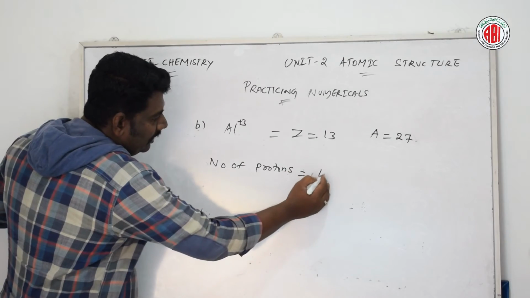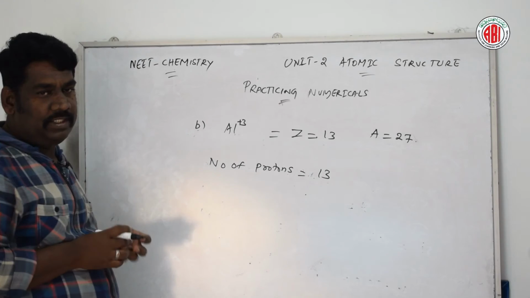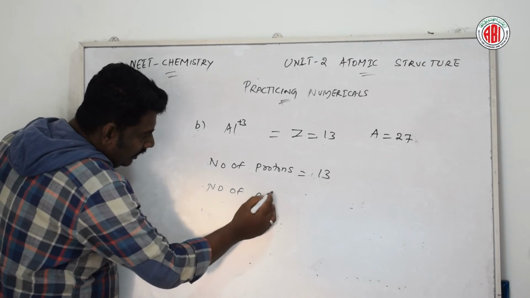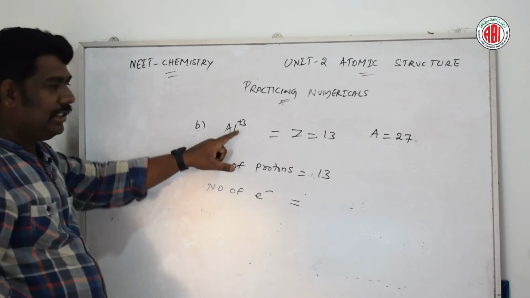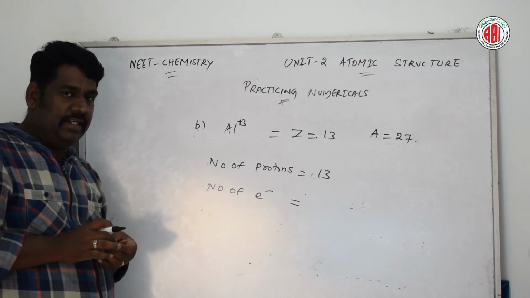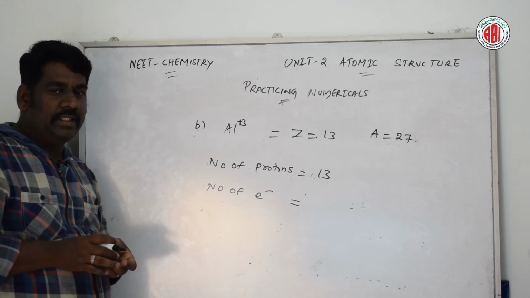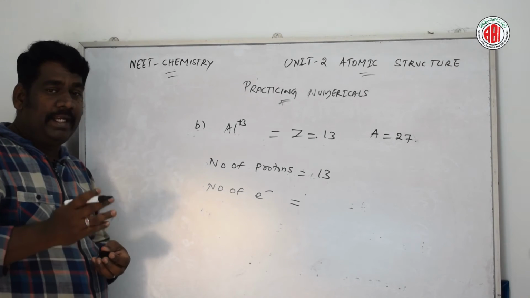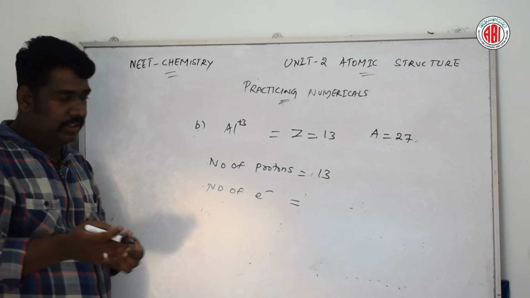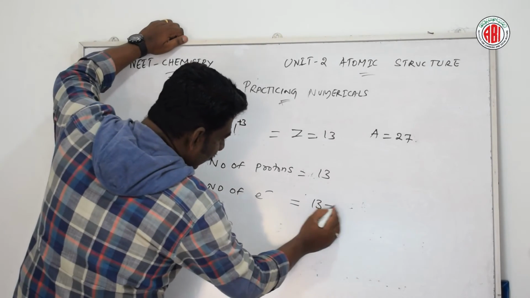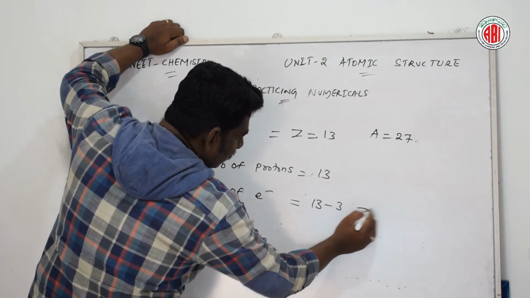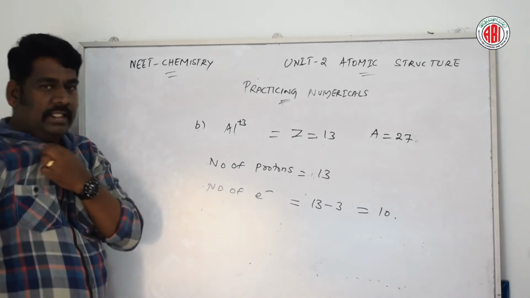The number of protons is 13, given in the question. Now the number of electrons: the plus 3 charge means it is a positively charged ion, losing 3 electrons, so that is 13 minus 3, that is 10. So the number of electrons is 10.